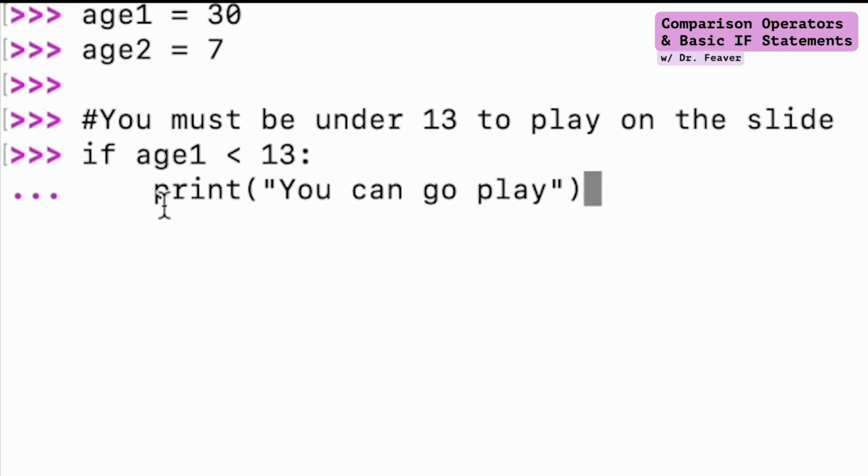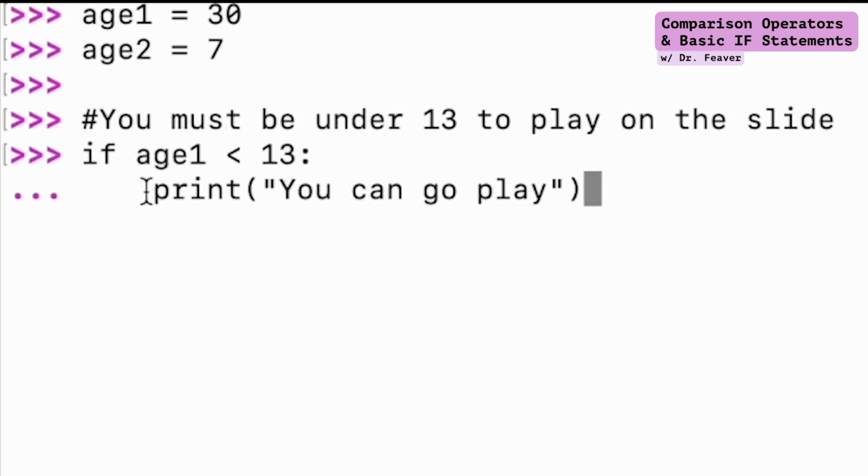And then underneath the if statement, you're going to have things that you want to have happen if the condition is true. And in order to group together anything that we want to have happen, we have to have it indented 4 spaces. If it's not indented, it won't be viewed by Python as being part of the if statement.